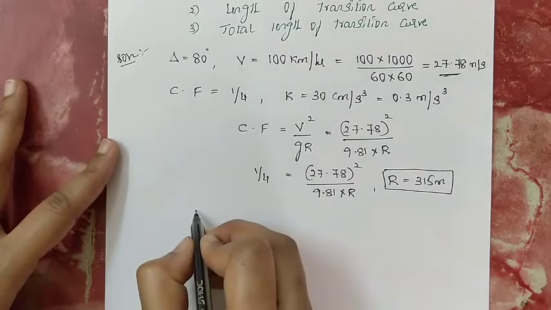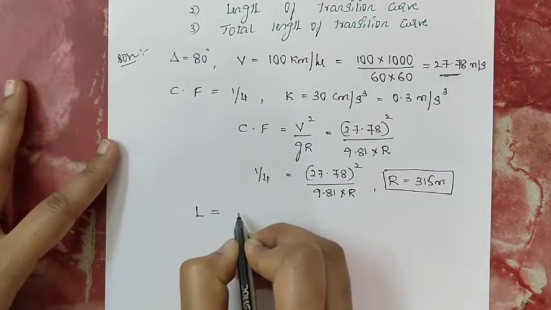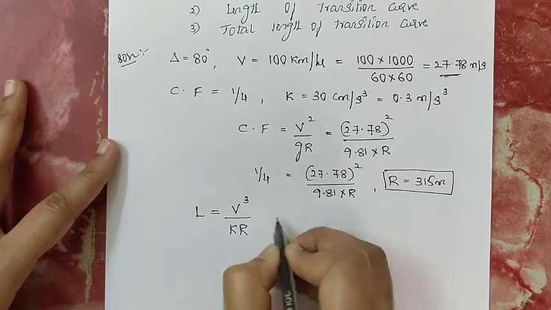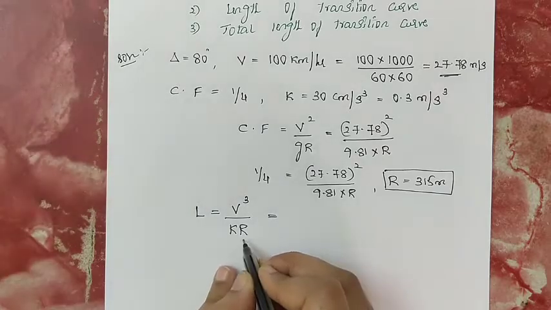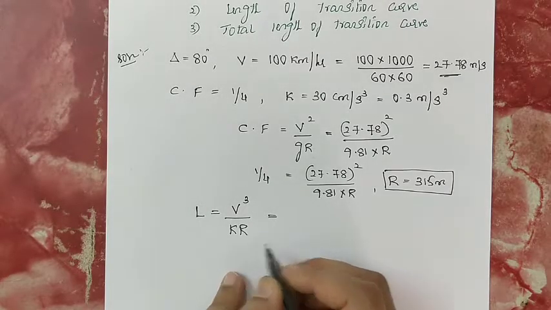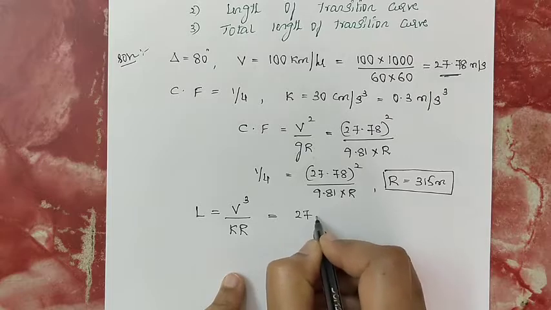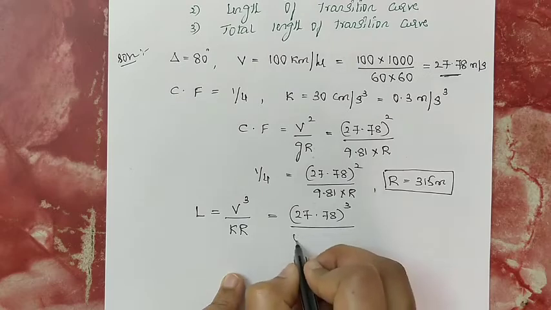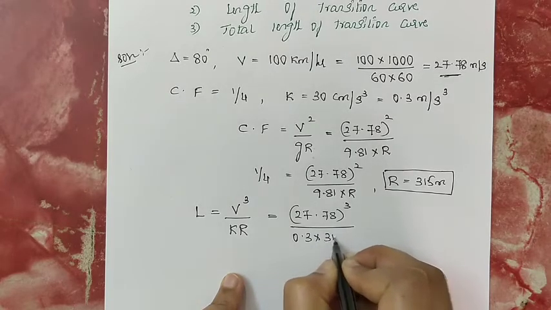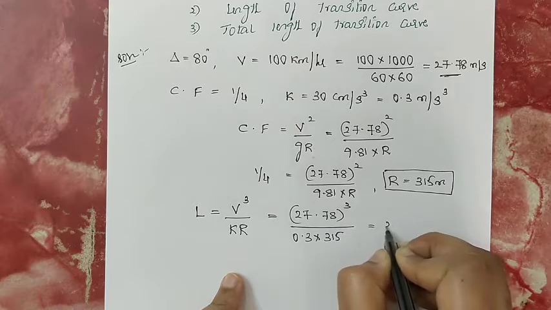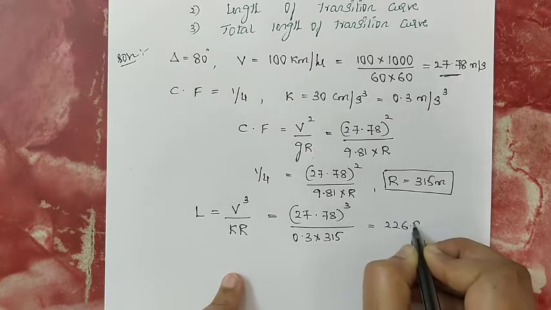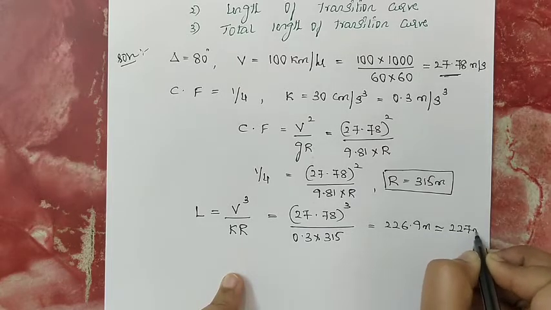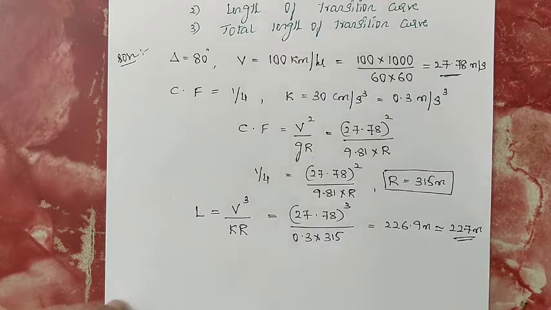Length of the transition curve is given by V cube divided by K into R. That is, V cube is 27.78 whole cube divided by K value, 0.3, multiplied by 315. Then the length of the transition curve is 226.9 meter. Round it off to 227 meter.